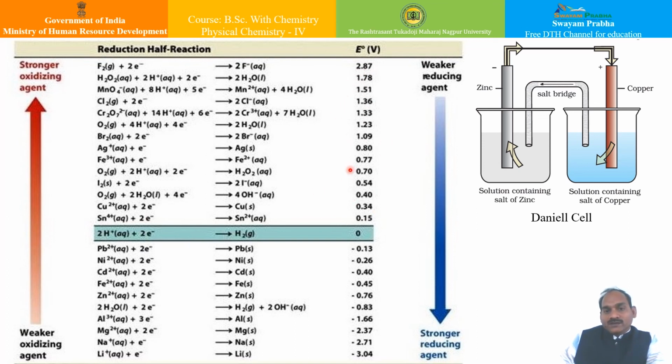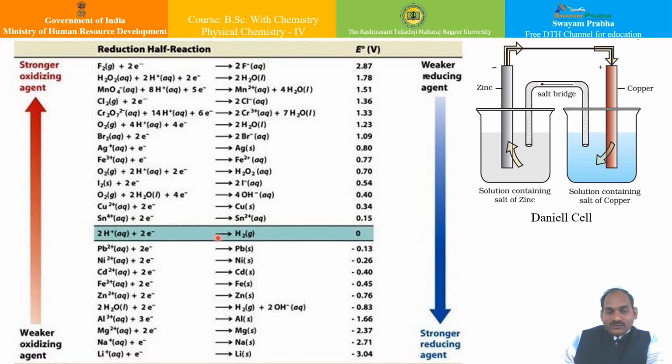Now the basic concept is that the standard hydrogen electrode is situated exactly at the center, because we have represented its cell potential as 0, its cell EMF is 0 volt, and depending on this value all the other cells are represented with respect to it.